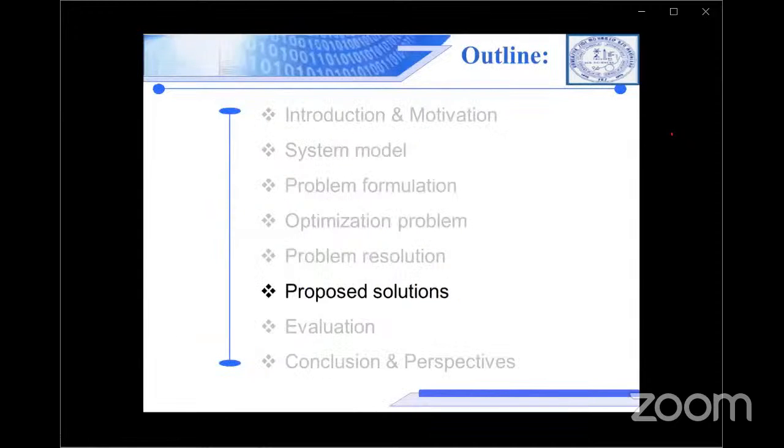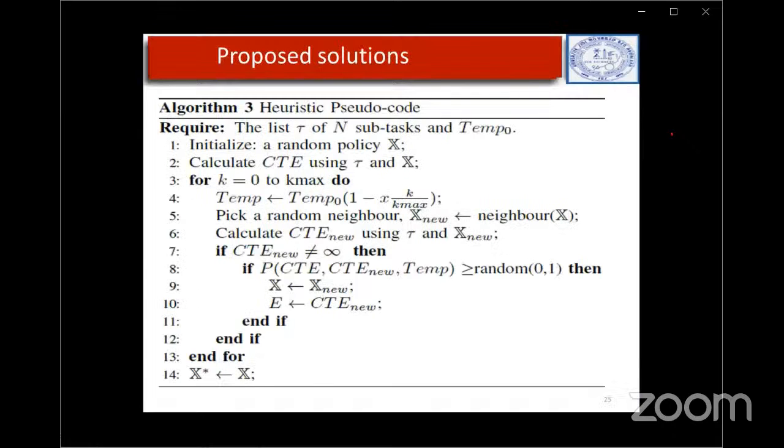Now I will present our proposed solutions. The third algorithm illustrates the pseudocode of our simulated annealing-based solution. In this algorithm, we start by initializing a random policy. Then we use Kmax iterations.